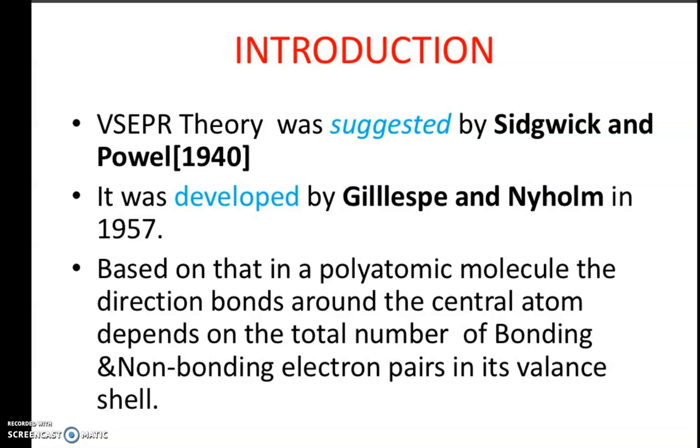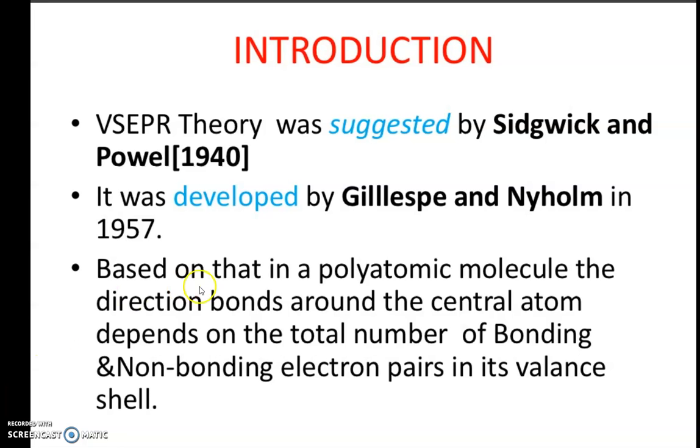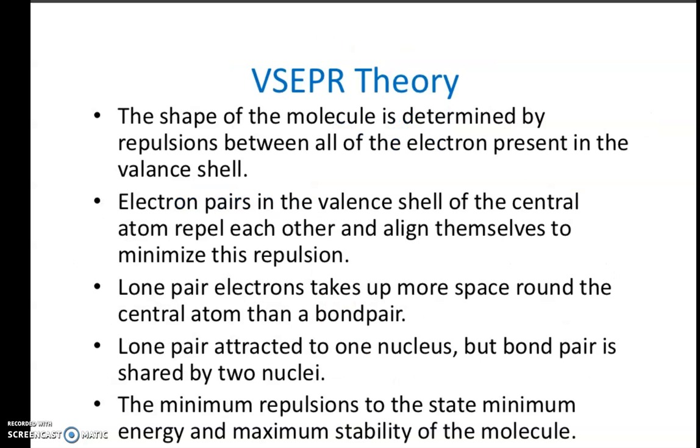For example, in making a covalent bond or ionic bond, the valence shell electrons are either transferred or shared. So it occurs in the valence shell, and the valence shell electrons take part. So the total number of bonding and non-bonding electrons we have to consider in order to draw the structure. We'll see it in detail. This theory is known as valence shell electron pair repulsion theory.